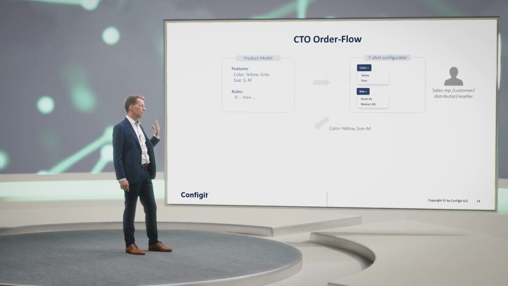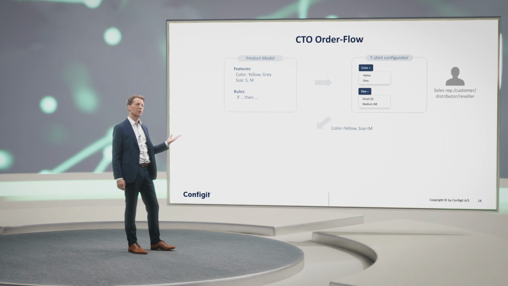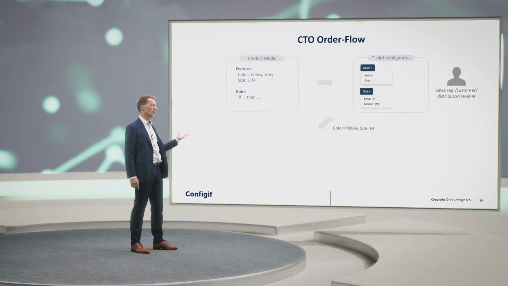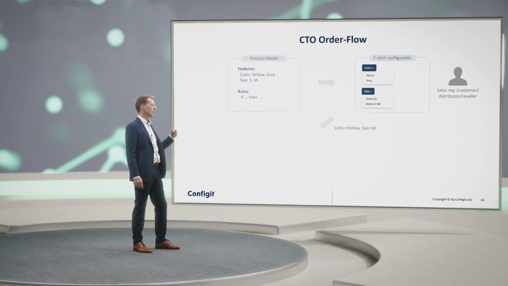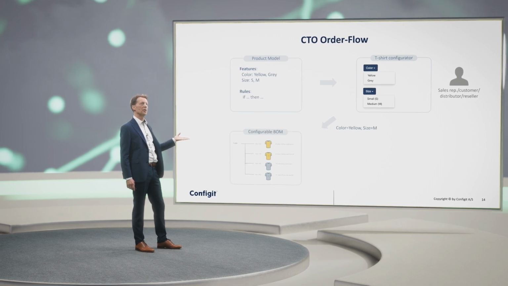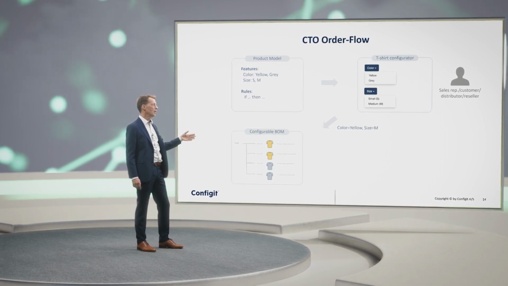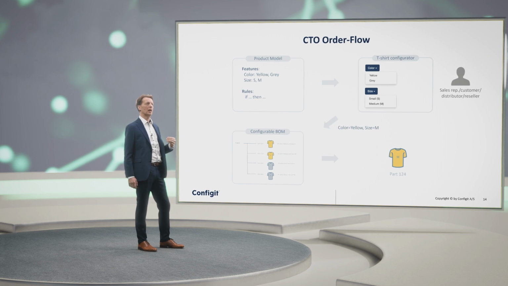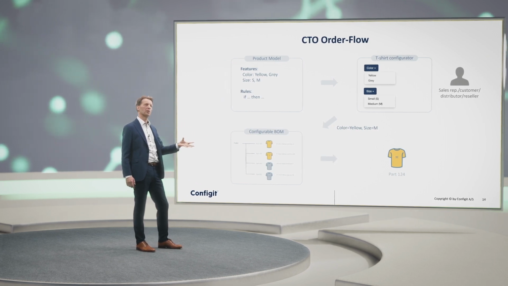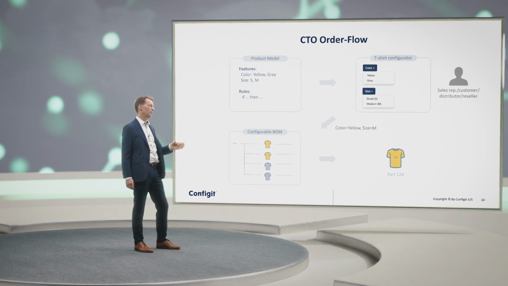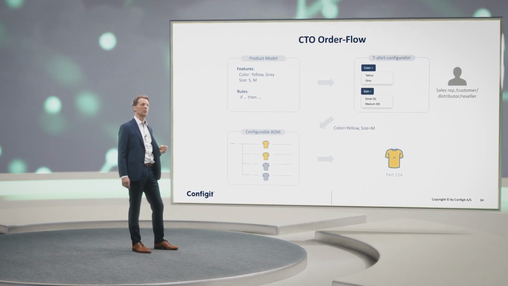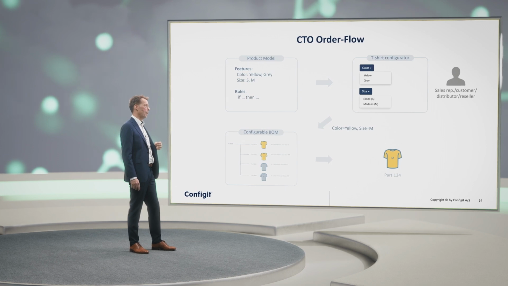Once you have selected values for those features, maybe I want a yellow and a medium-sized t-shirt, then I can apply that selection to my configurable BOM, and the system will automatically spit out the assemblies, or the 100% BOM, the order-specific BOM that I need to be able to deliver that particular configuration.